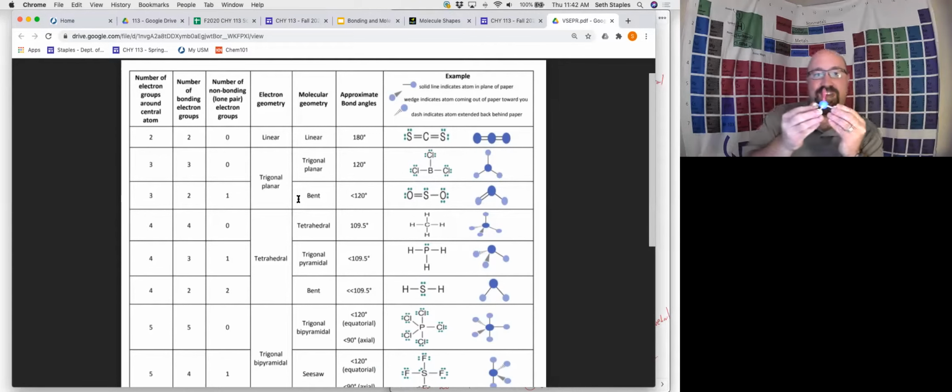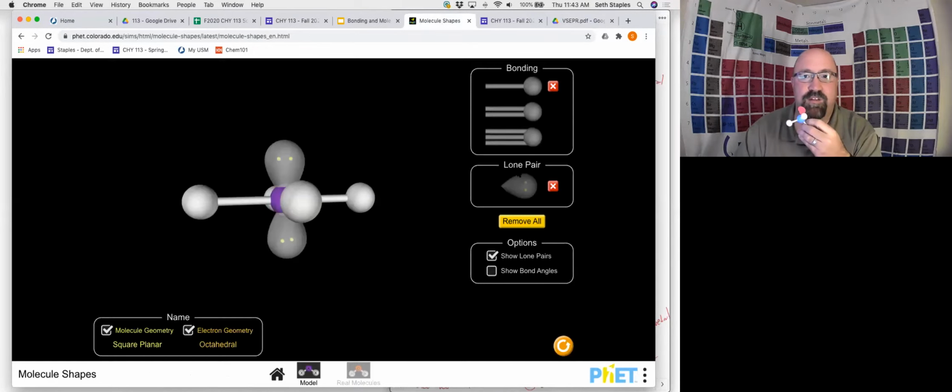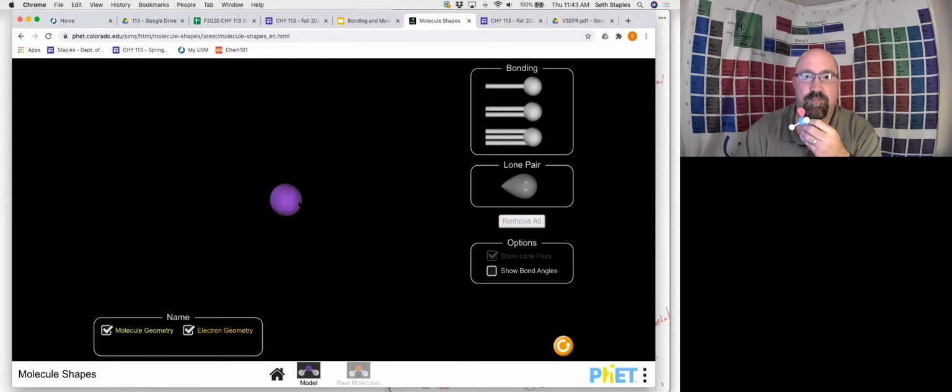When we have instead a trigonal pyramidal compound with one lone pair, this lone pair takes up a little bit more space, and it's going to squeeze these down a little bit compared to what they would be in a tetrahedral molecular geometry. And so this bond angle is going to be a little bit less than 109.5. Let's see if the program might tell us exactly.